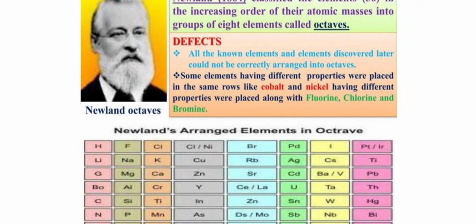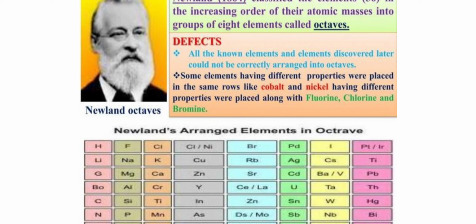All the known elements and the elements discovered later could not be correctly arranged into the octaves. First he took the idea from musical octaves and arranged the elements in octave order, but the further discovered elements were not arranged in the correct order of octaves, so he failed to explain the elements.